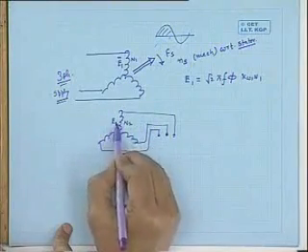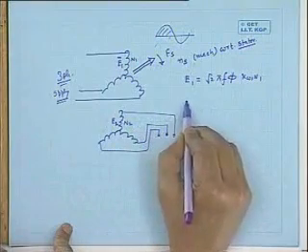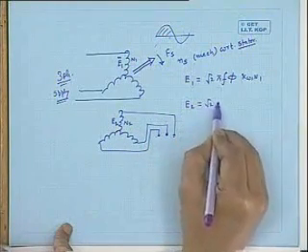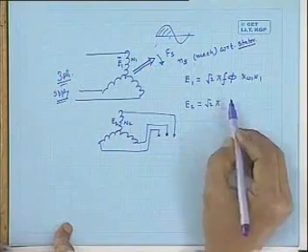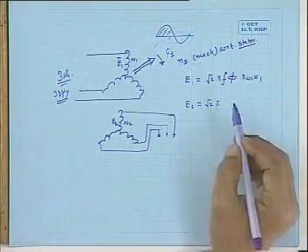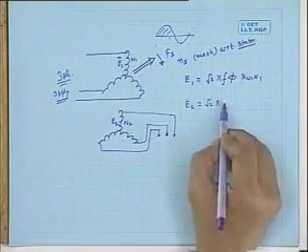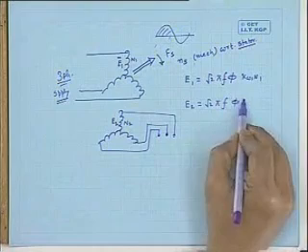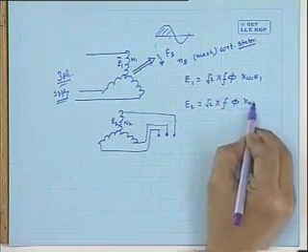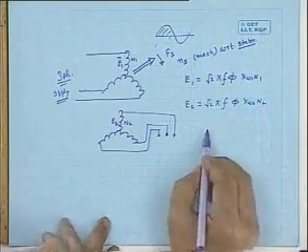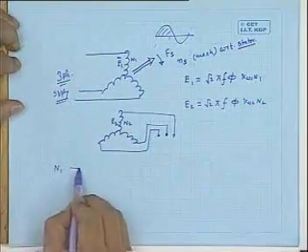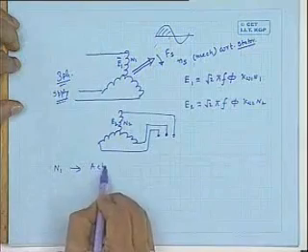Similarly, if N2 is the rotor number of turns per phase, therefore there will be induced voltage in each phase of the rotor, the RMS value of which, E2, is equal to root 2 pi F phi into KW2 N2. What is N1?